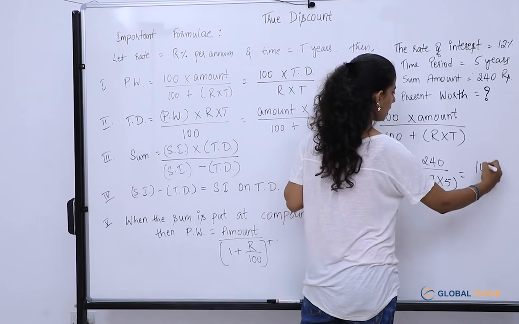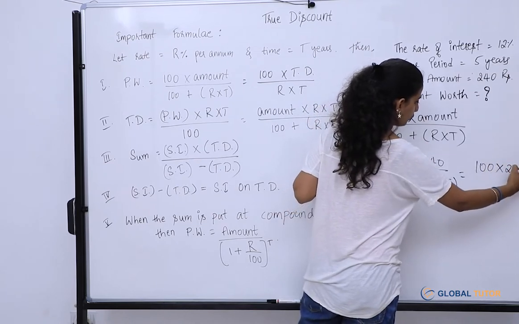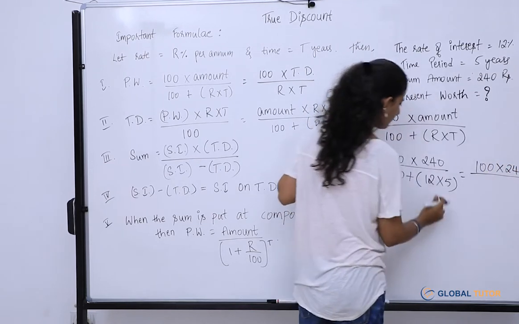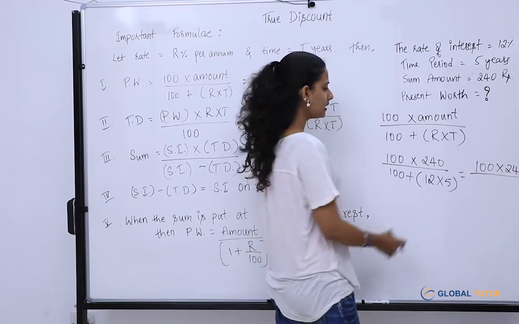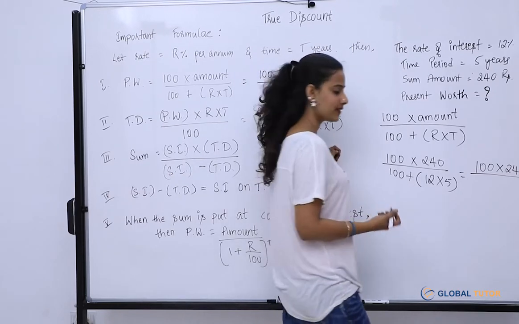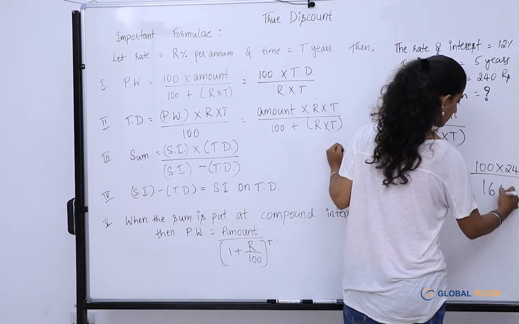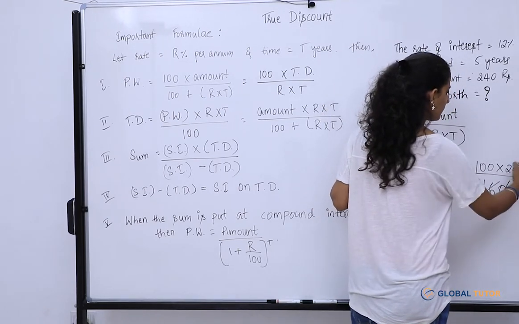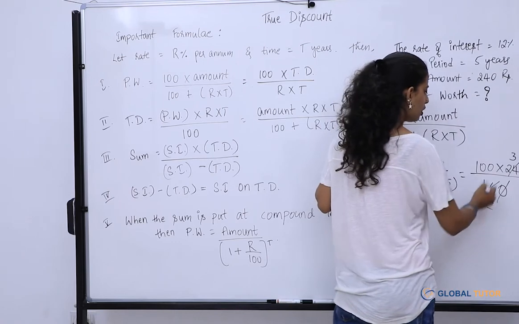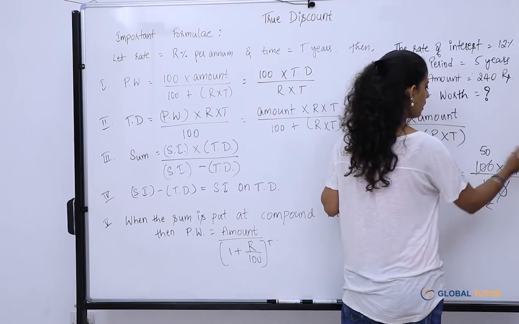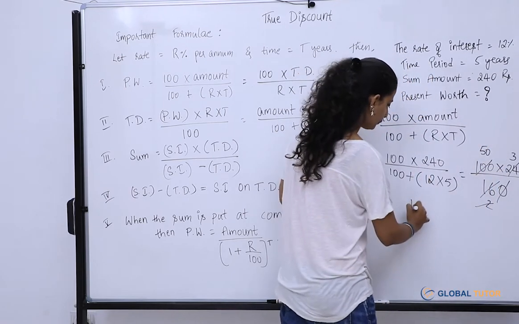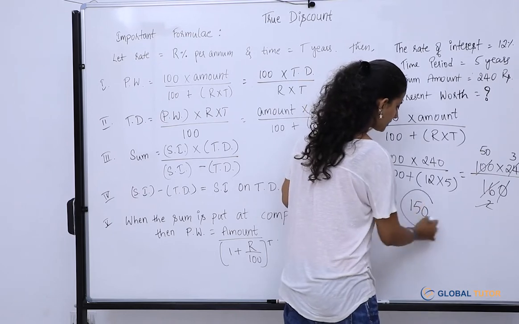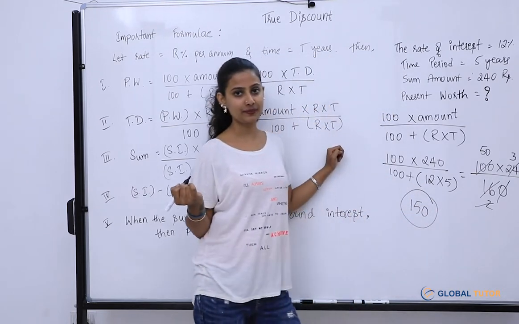So this is 100 into 240 divided by 12 into 5 is 60. 60 plus 100 is 160. So 0, 0 gets cancelled. 8 2 16, 8 3 is 24. 250 times is 100. 50 into 3 is 150. So here the present worth is 150 rupees.